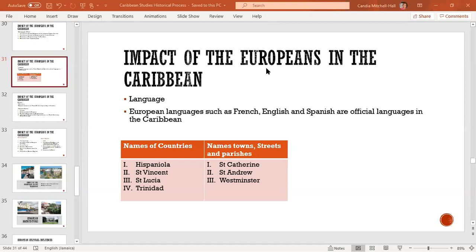So in addition to the indigenous names, which some territories have quite a lot of, we also have some countries or territories named by the Europeans, who gave their own names. And places, streets, rivers, everywhere you turn, European, right? So it influenced our language.